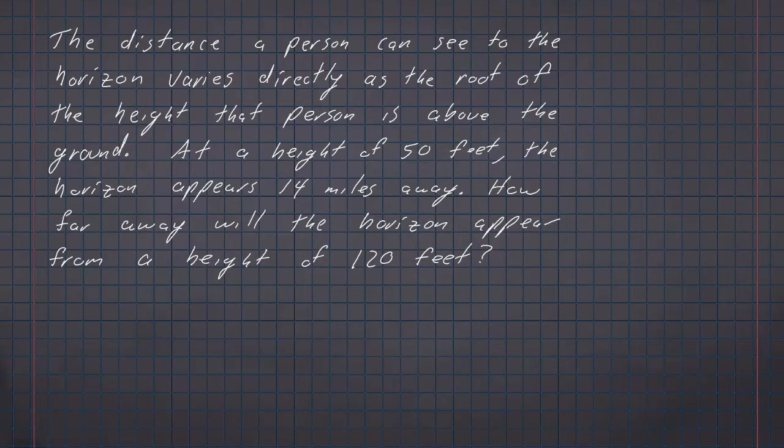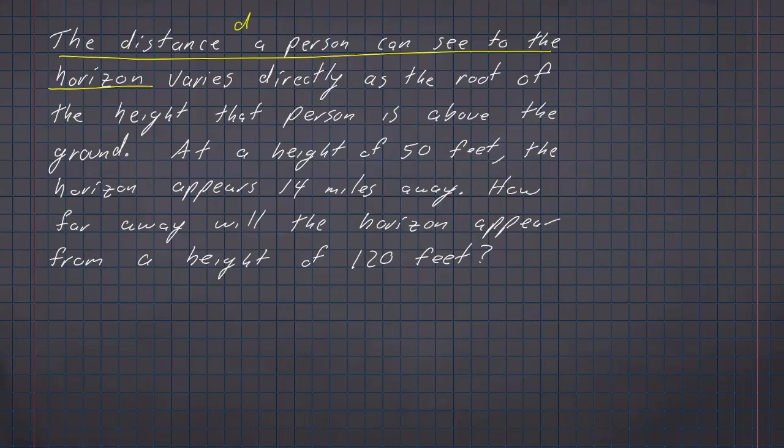I could choose to use y and x and set this up as a very generic looking variation problem. But I generally find that I am more successful if I use variables that seem to make sense for the problem, because that way I can remember what they mean. So we are looking at the distance a person can see to the horizon. That's a distance, let's call it d.